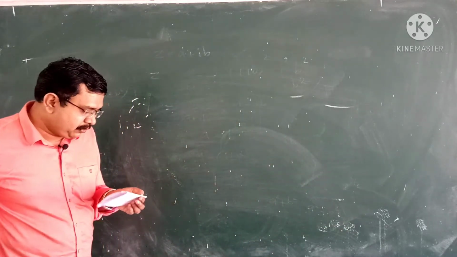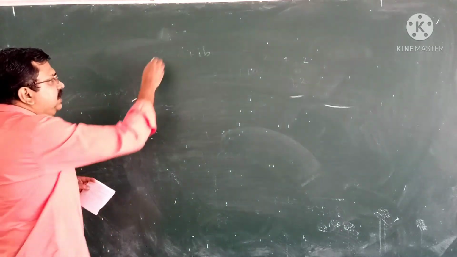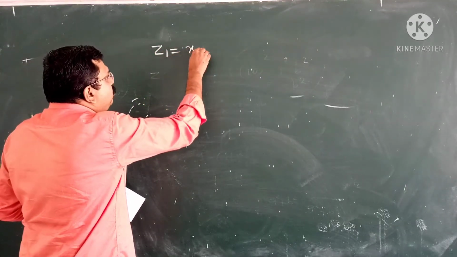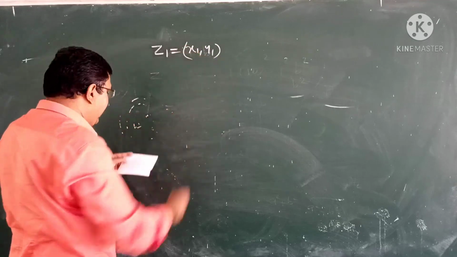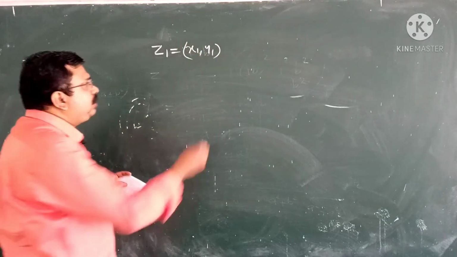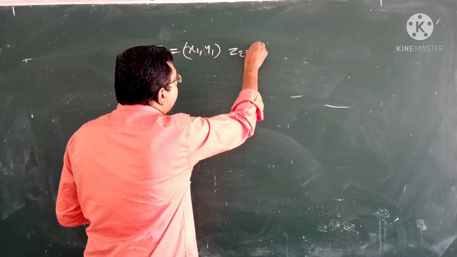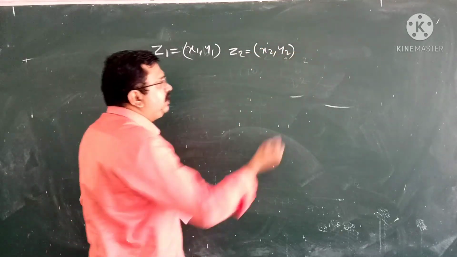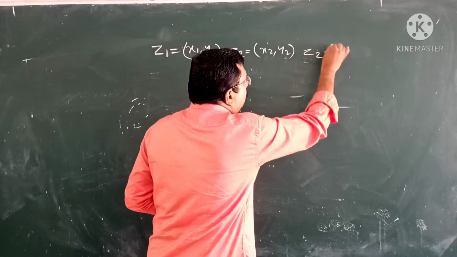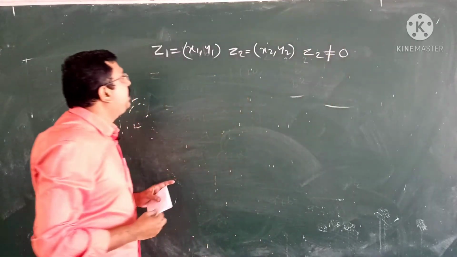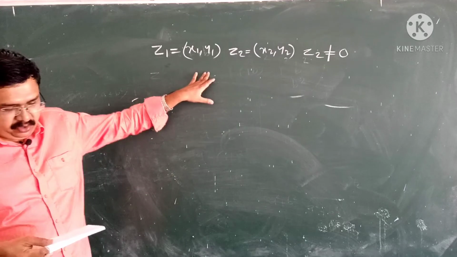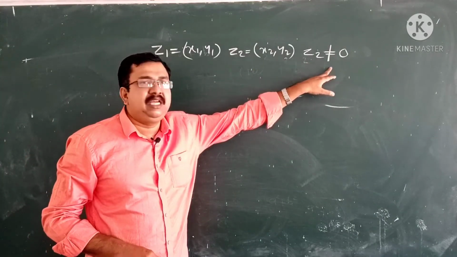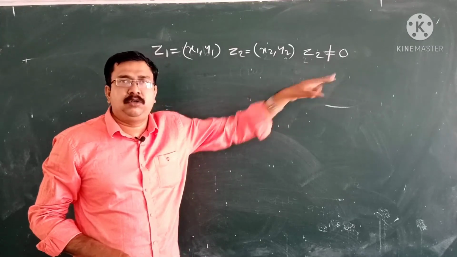Let z1 equal to (x1, y1) and z2 equal to (x2, y2). Remember that z2 is not equal to 0. Okay, z1 equal to (x1, y1), z2 equal to (x2, y2), and z2 not equal to 0.